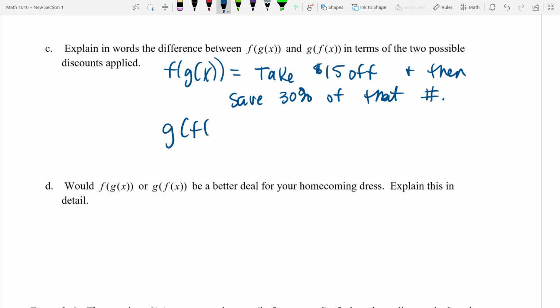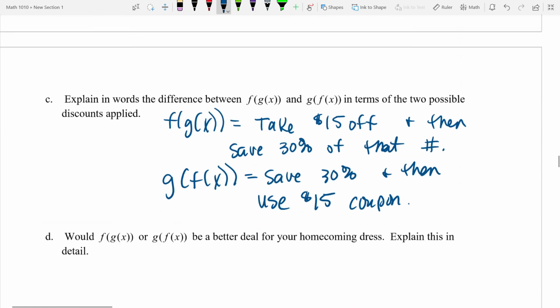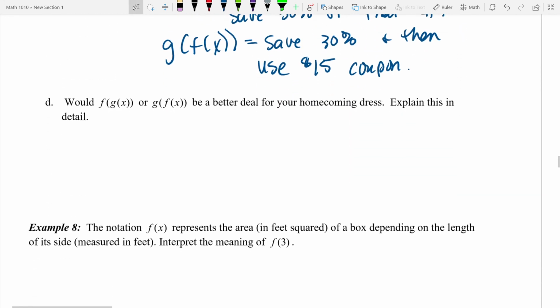Whereas on g of f of x, you go the other way. So you're going to save 30% and then use the $15 coupon. So you get to use the whole coupon on the g of f of x. Okay? Which one would be a better deal?